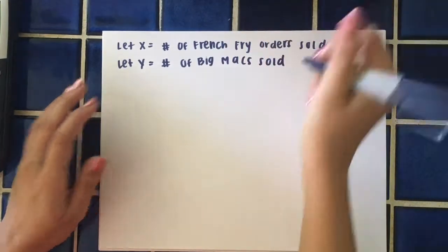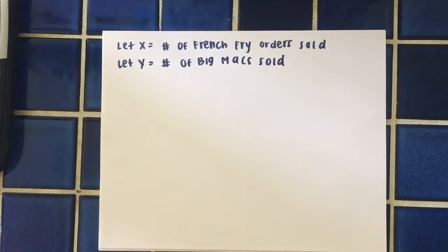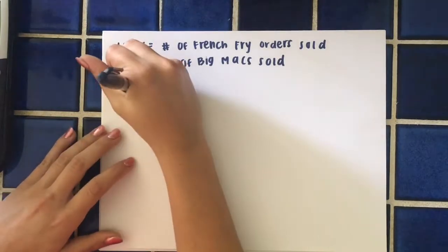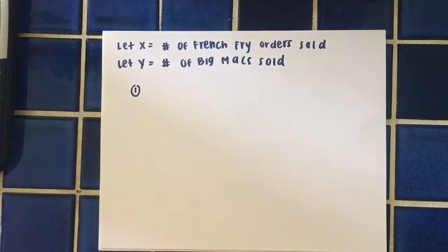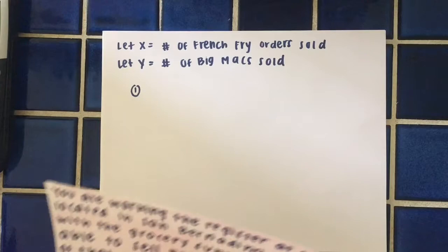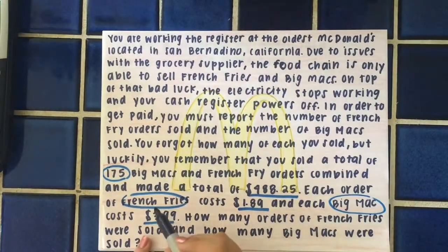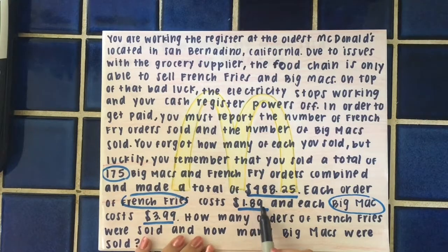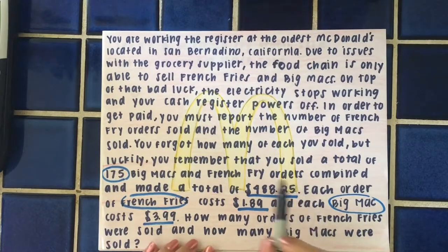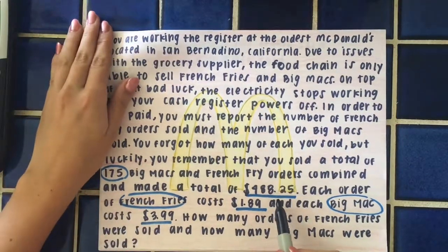Okay, so now we can write 2 equations. The first equation is going to be related to the price of the French fries and Big Mac sold. So we know that each order of French fries costs $1.89, and each Big Mac costs $3.99, and the total of them equals $488.25.